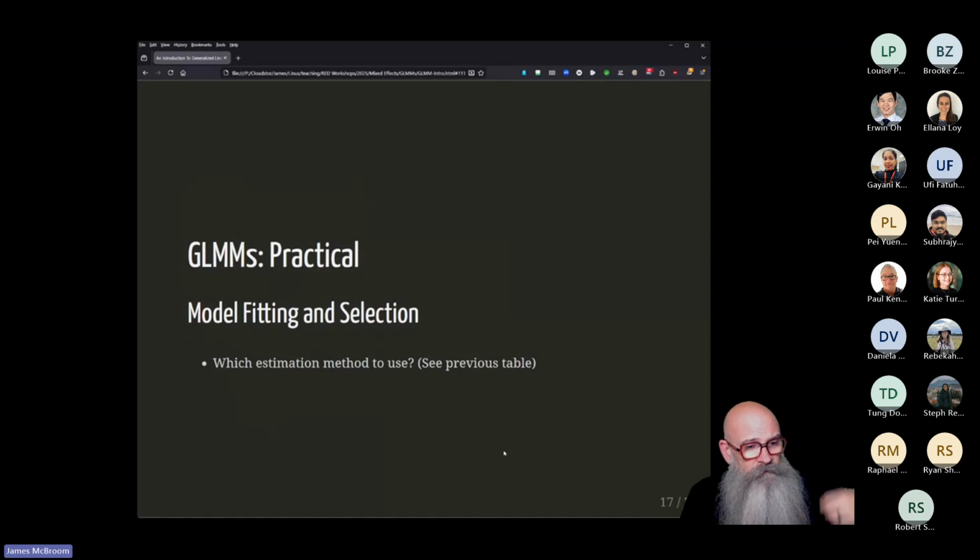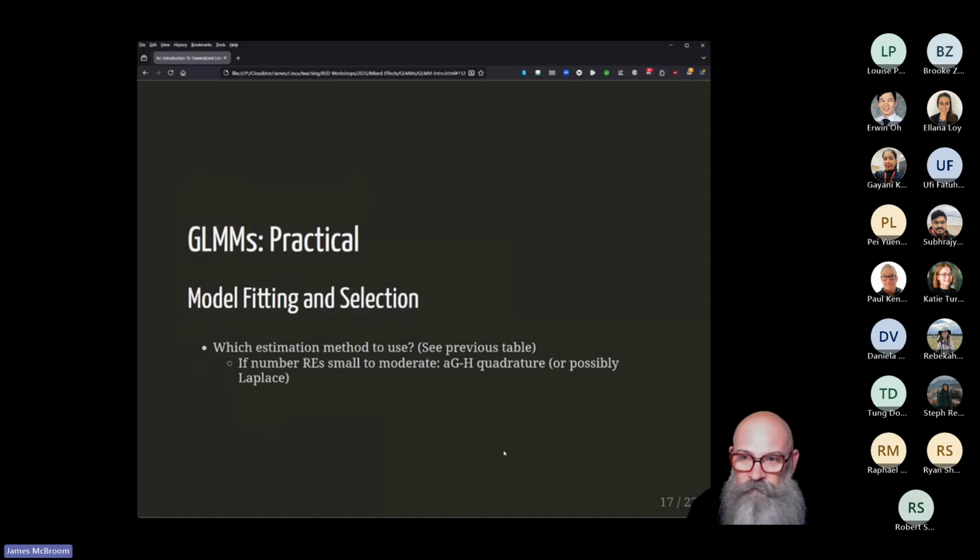With model fitting and selection, which estimation method should we use? Well, see that previous table. But here's some guidance as well, based around other things, not just on the previous table. If you have a relatively small number of random effects, e.g. random intercept, maybe random intercept and one random slope, use adaptive Gauss-Hermite quadrature if you can.